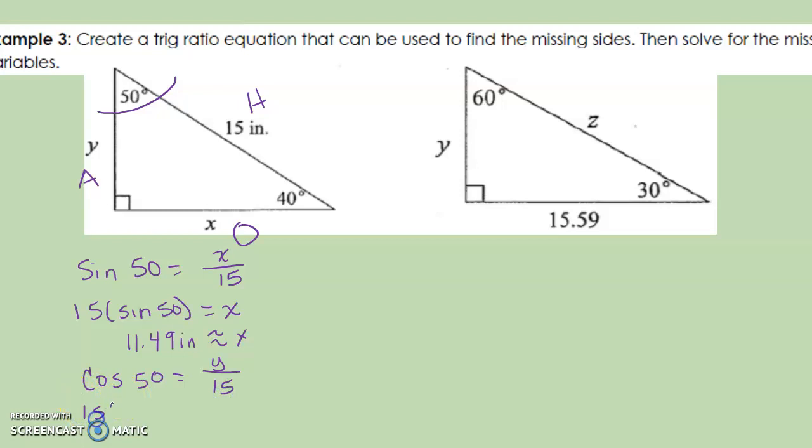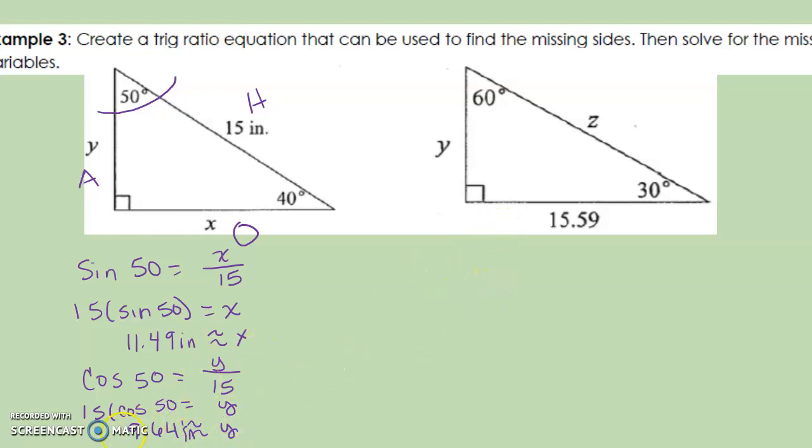So now 15 times cosine 50 would equal my y value. Just put it into the calculator. 15 parentheses cosine 50, 9.64 is approximately equal to your y. And we are in inches.